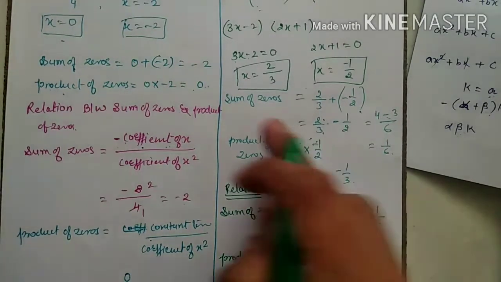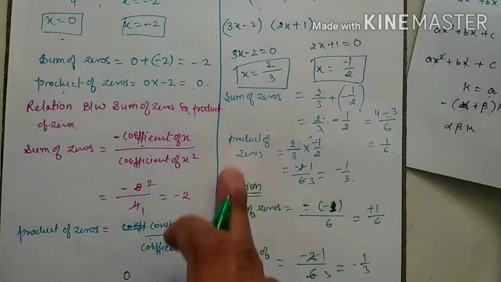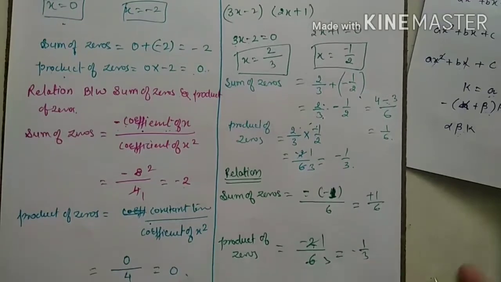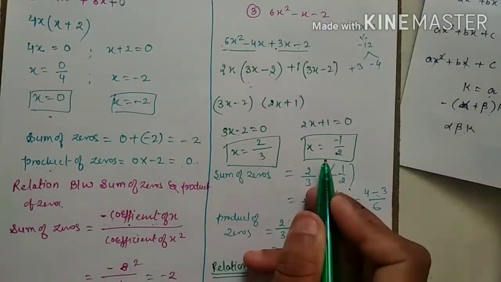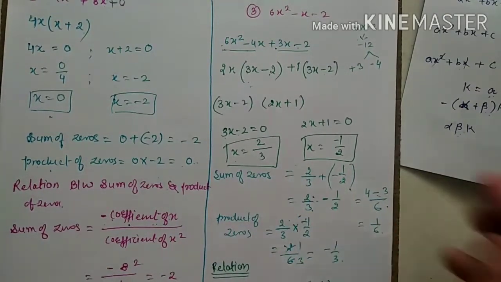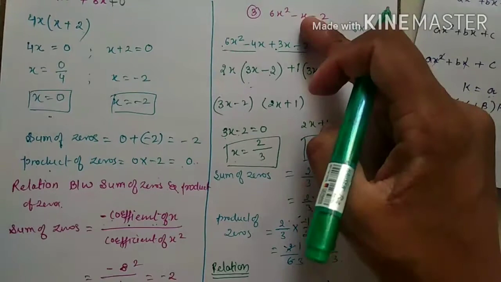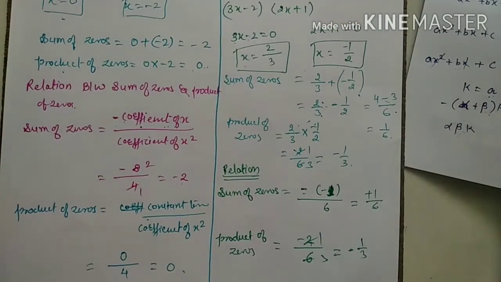So your answer matches with this. Sum of zeros 1 by 6, 1 by 6. Product of zeros minus 1 by 3, minus 1 by 3. So you can understand, whatever you are getting as zeros, if you add the zeros, you will get this. If you multiply, you will get this. You have a formula also, but directly this question you can find it. So you have to do the question like this, this complete way.